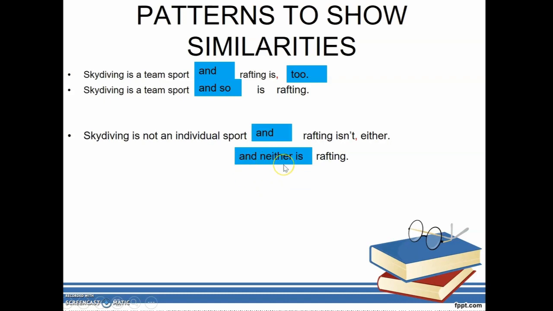And neither is rafting. We see that skydiving is not an individual sport, rafting is not an individual sport as well. So trying to show this parallelism but in a negative way, we use neither or neither if you like.